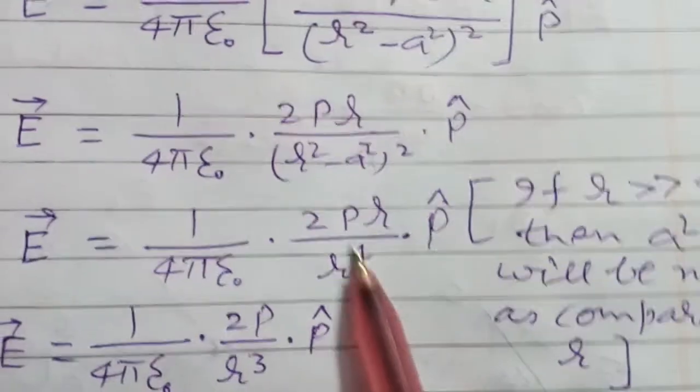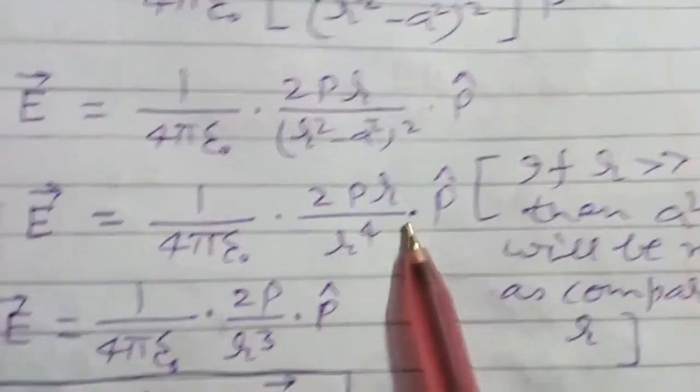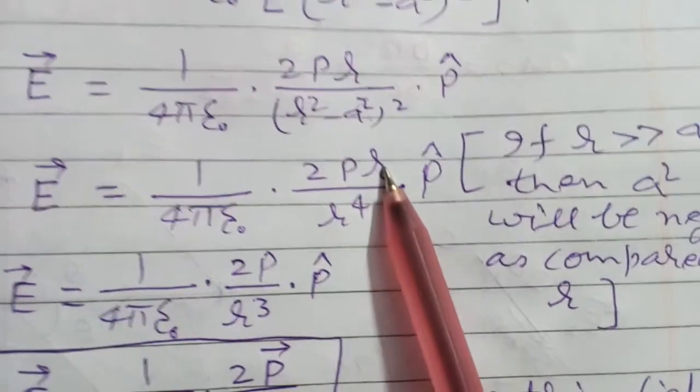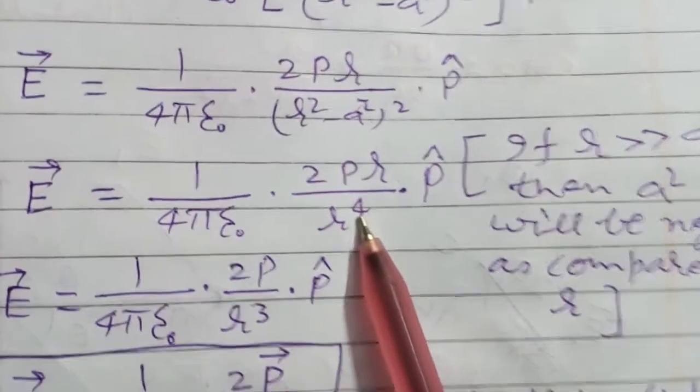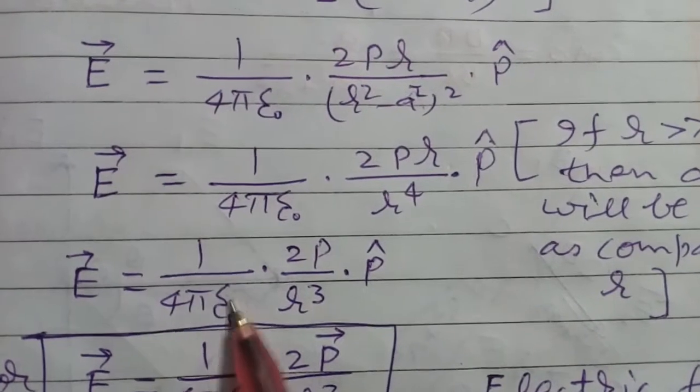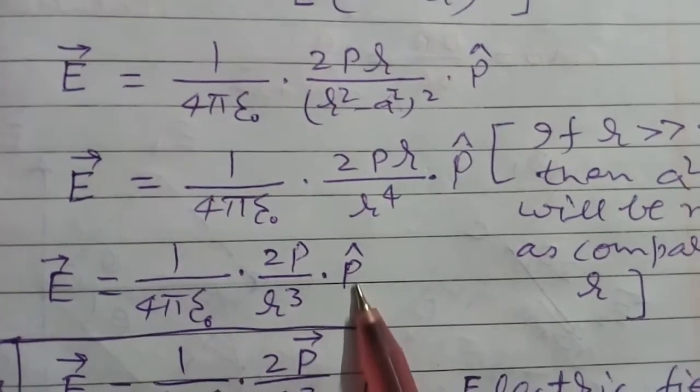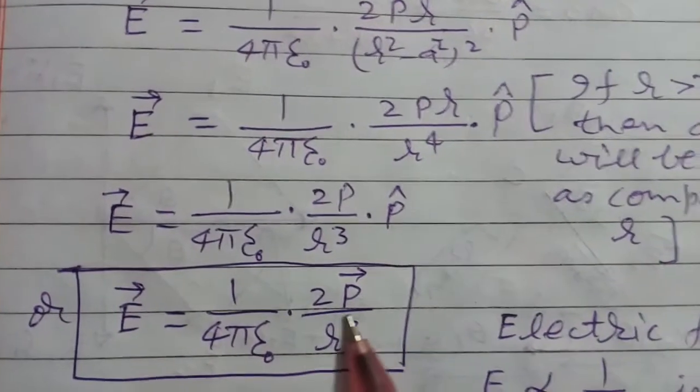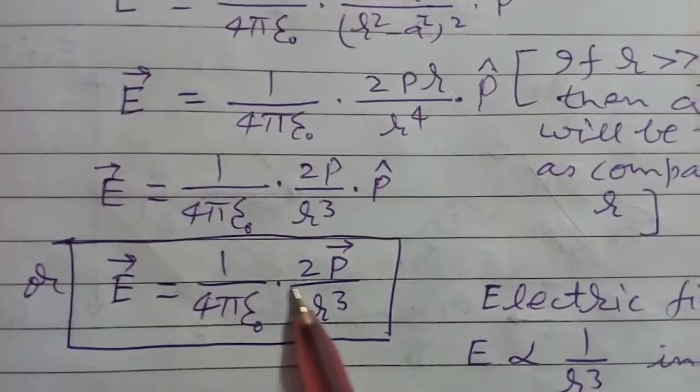So this becomes 2pr upon r to the power 4, and this r will be cancelled by one of this r. So E is equal to 1 upon 4 pi epsilon naught into 2p upon r cube into unit vector p. This is the expression for E.